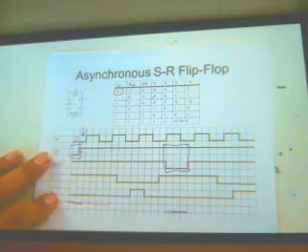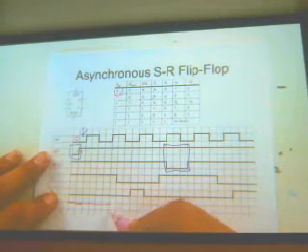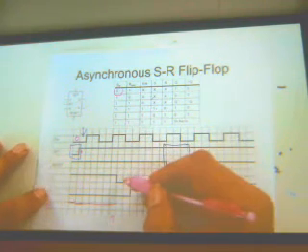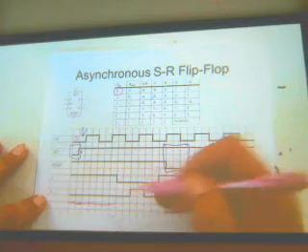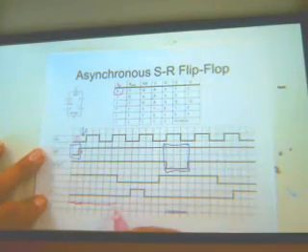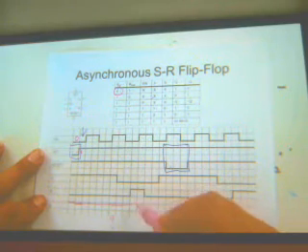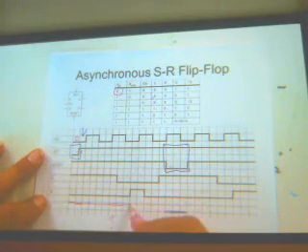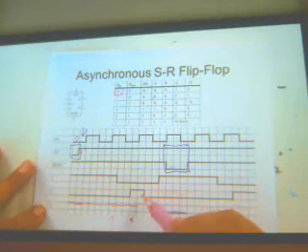Now we get enabled again. Any changes yet? Can we make a change here? No? All right, now S goes down to 0, R is down to 0. What does that signify? Are we allowed to make a change here? Why? Because it's not enabled. Now reset went up to 0 there, or excuse me, to 1.